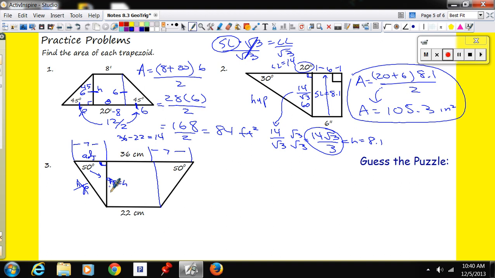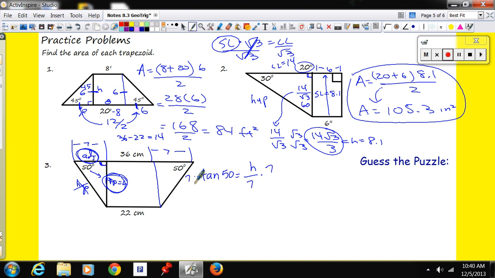All right, so SOHCAHTOA. Here's my 50 degrees. There's my O. I have an O, and I have an A. OA. SOHCAHTOA. Gotta be TOA, right? Gotta be tangent. So we're going to do tangent of 50 equals my opposite side H, that's my height, over the 7.